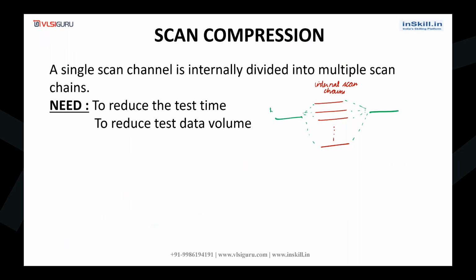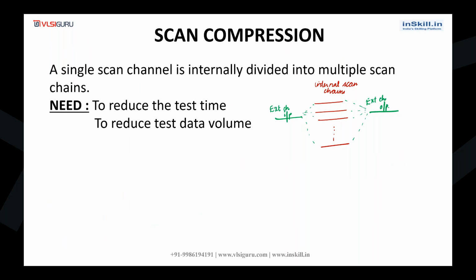So this is nothing but your external channel input, external channel output. Next. So the internal scan chains will be compressed into external channels. So that's what is called scan compression.